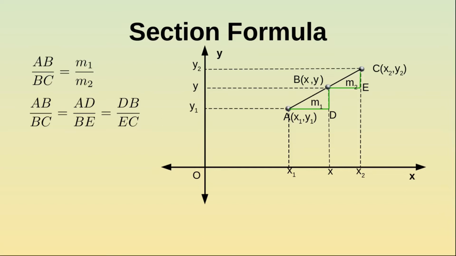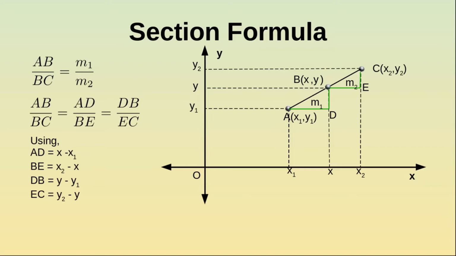From this we may write, using the graph, that AD is equal to x minus x1, and again from the graph we may see that BE is equal to x2 minus x, DB is equal to y minus y1, and EC is equal to y2 minus y.